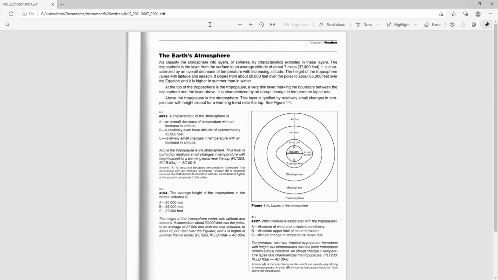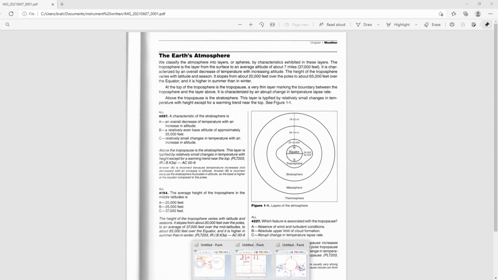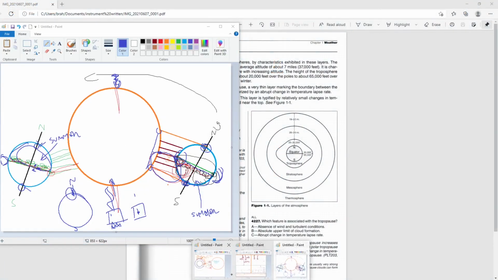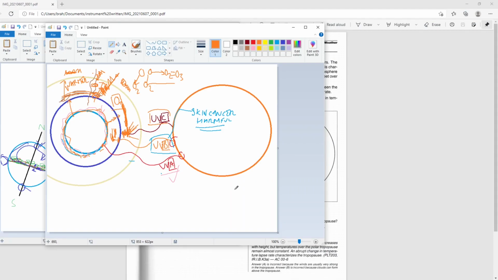So that leaves us with C, which is relatively small changes in temperature with an increase in altitude. And that's true because as you're moving away from the troposphere into the stratosphere, there is less of a difference in the rays, right? So let's see if we can get back to this one.